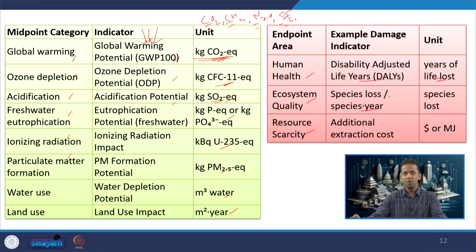For species loss, the unit would be species lost or species per year. Additional extraction cost can be in dollars or in terms of energy. If it is fuel, we can say this many megajoules are lost. So, that is how each category of midpoint or endpoint will have a certain indicator, and each indicator will have a fixed unit for fair comparison.